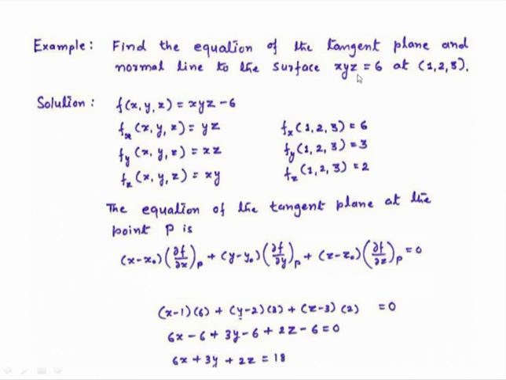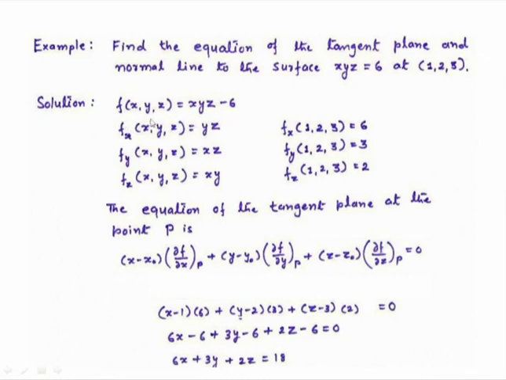Clearly, this represents a surface of the form f(x, y, z) = c. We can write xyz = 6 in the form f(x, y, z) - 6 = 0, or we can take f(x, y, z) = xyz - 6.